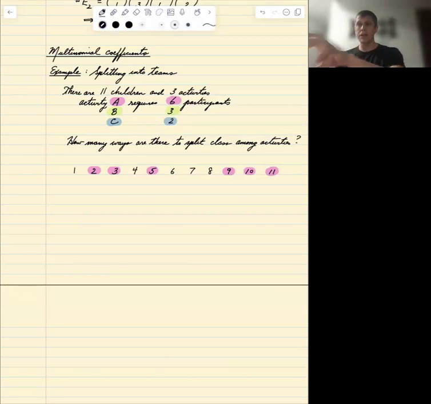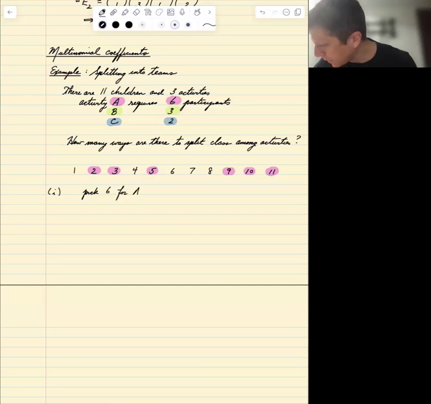So first we're going to say, you're either in A or you're not in A. So that's binomial. First we pick 6 for A, then pick 3 for B, then pick 2 for C. Okay, so first we're picking 6 for A. How many ways are there to do that?